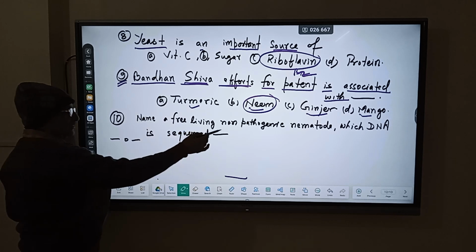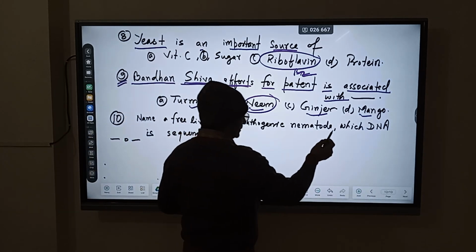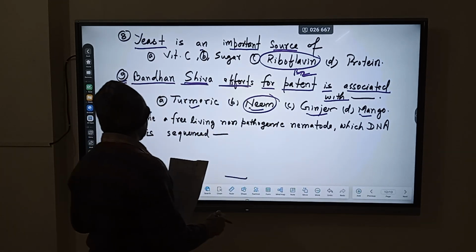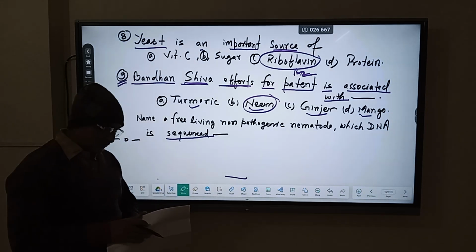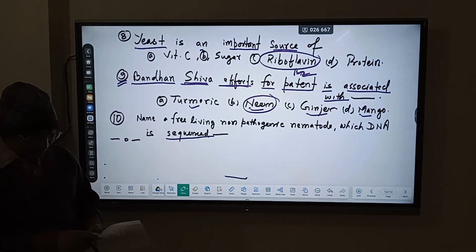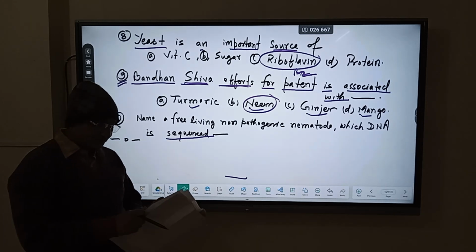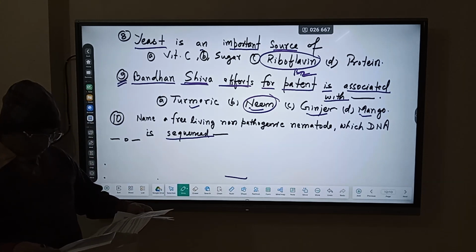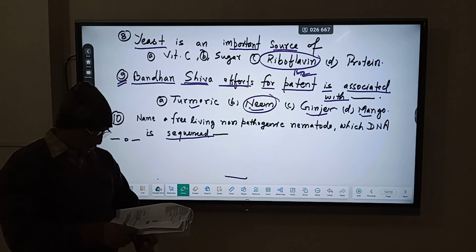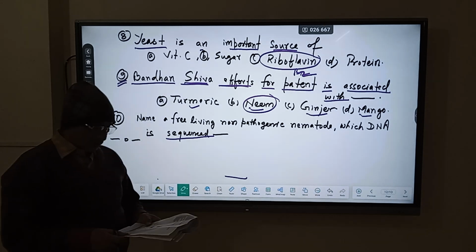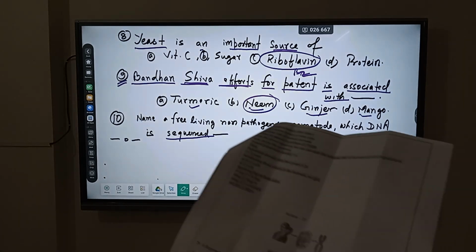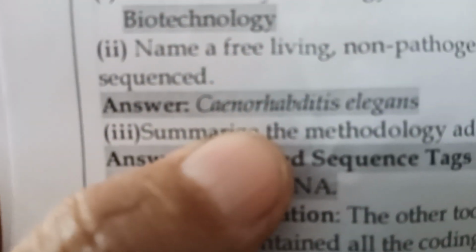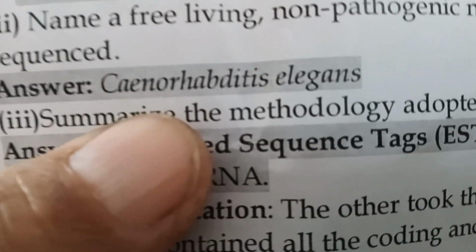Name of the free living non-pathogenic nematode whose DNA is sequenced. Its DNA is totally sequenced. The correct answer is Caenorhabditis elegans. The spelling you can understand. Try to understand.